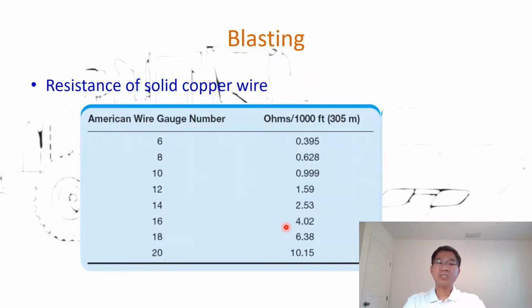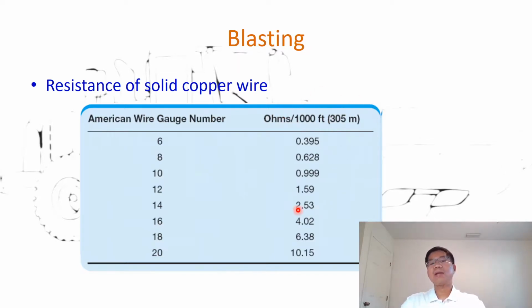The second and the third ones, we want to find out the resistance of the connecting wire or bus wire and the firing line. So that goes to table 6-7, and normally we use copper wire, and it depends on the gauge number, just like steel rebar also has a number, here the American wire gauge number. When you have that, you can determine the resistance, but per 1000 linear feet or 305 meters.